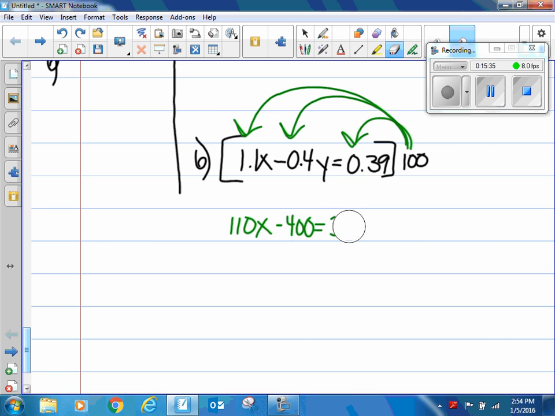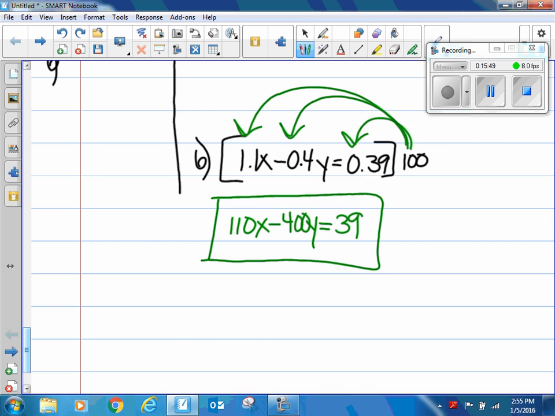I made one mistake, hold on. When I did this, 110x minus, this should be 400y equals 39. And that is how you would get that into standard form. Again, our A would be 110, B is negative 400, and our C is 39.